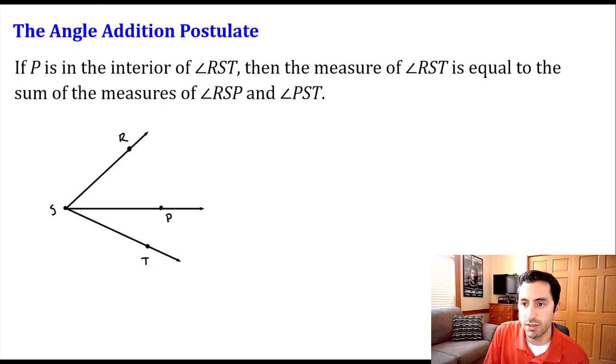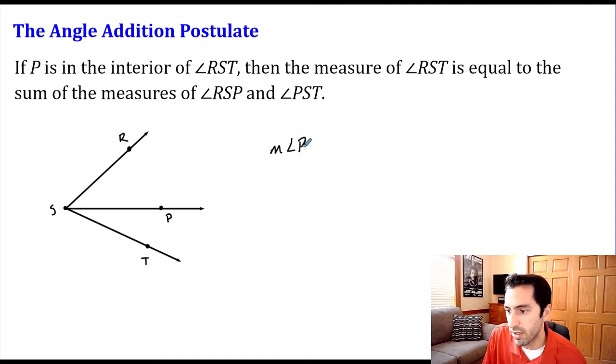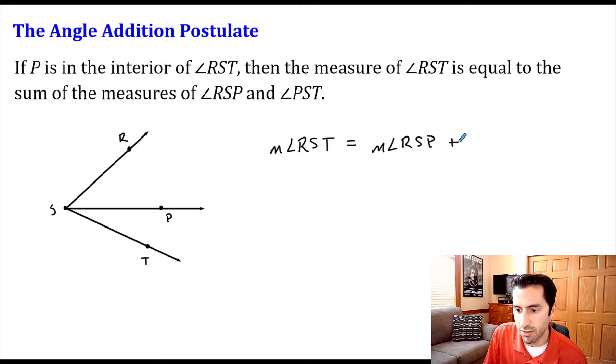So what this postulate is saying is that the entire angle, the whole angle, the measure of angle RST, that entire measure is equal to the measure of RSP, so the measure of the smaller angle here, and then the sum, so plus the measure of our other angle.